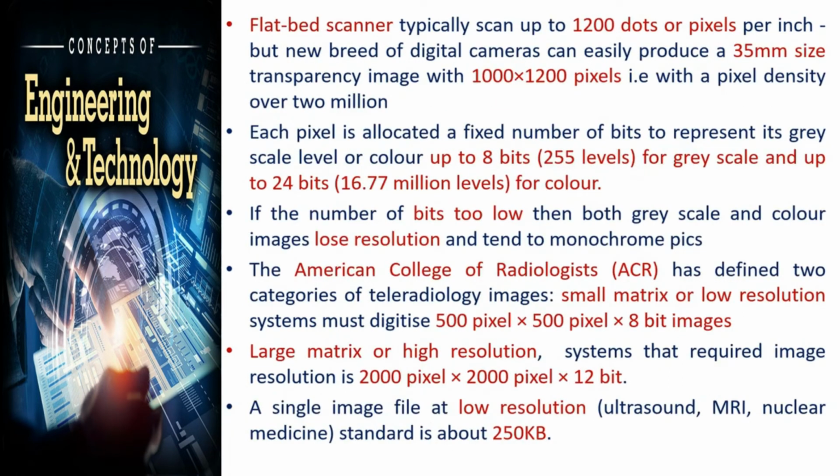We have different scanners and all those things. We have flatbed scanners, which work with 1200 dots or pixels, we can say, per inch. Okay, so this comes with the size 1000 into 1200 pixels.